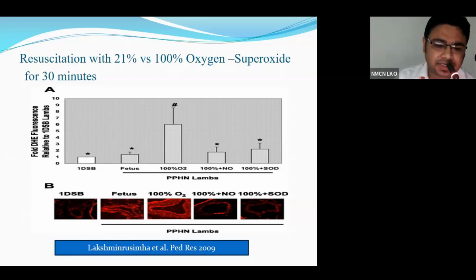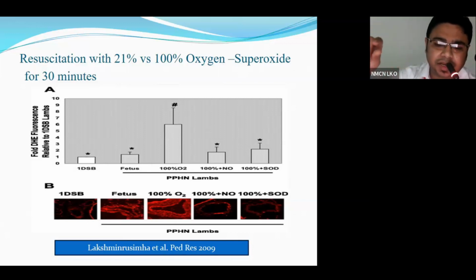It was tested on DSB, which is one day old spontaneous breathing fetal lambs. Gradually the fetus was exposed to 100% oxygen and then 100% oxygen plus nitric oxide.